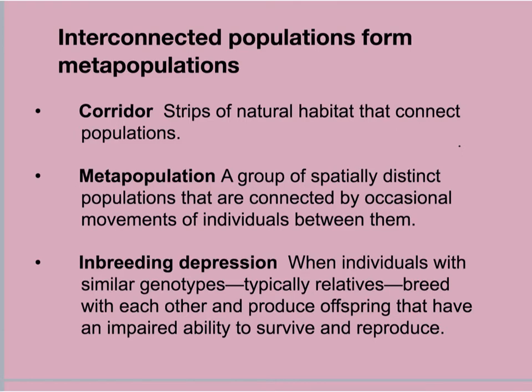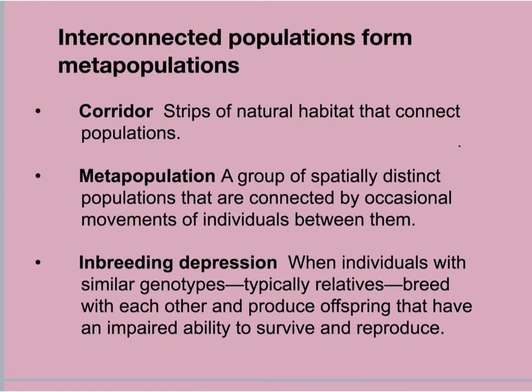A group of spatially distinct populations that are connected, with occasional movements between them, is what gets the term metapopulation. In metapopulation behavior, some of these cougars will move between these mountain ranges.